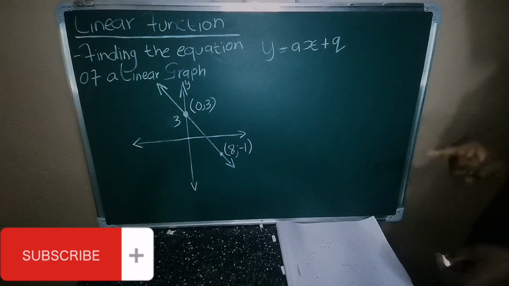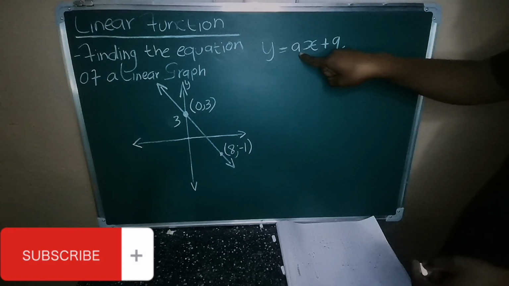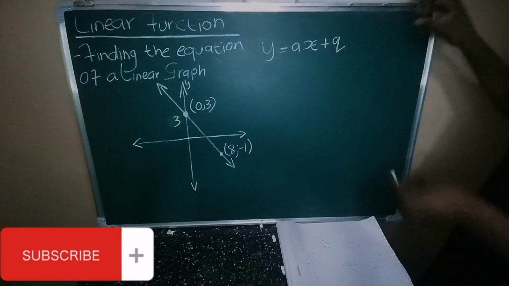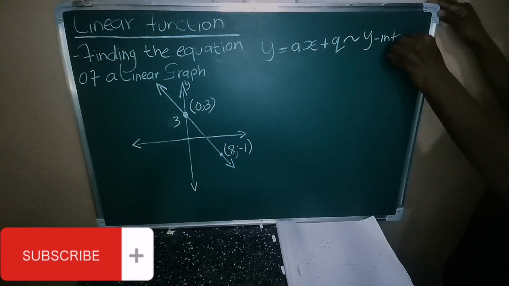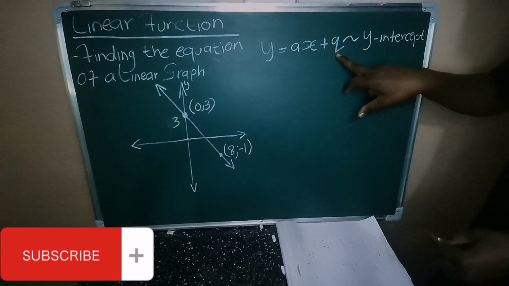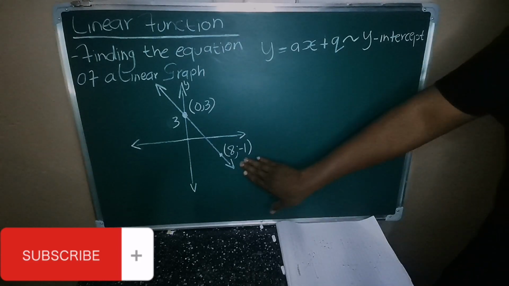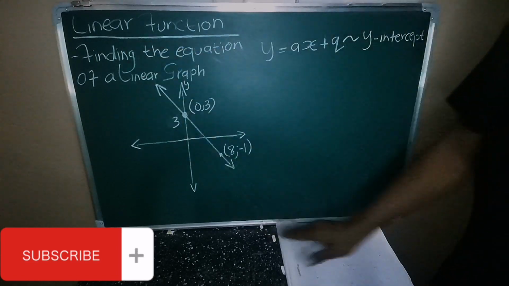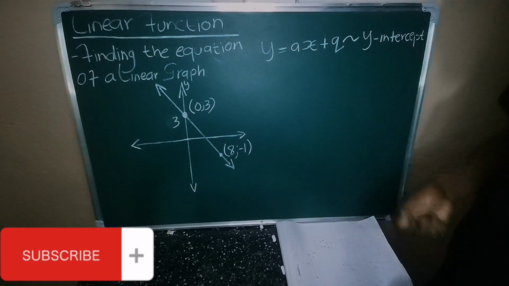Remember, in the previous lesson, I told you that a stands for our gradient, and q is our y-intercept, or it is the coordinate of our y-intercept. The value of q represents the coordinate of our y-intercept. Then from these 2 points, or from this graph, do we have the coordinates of our y-intercept?